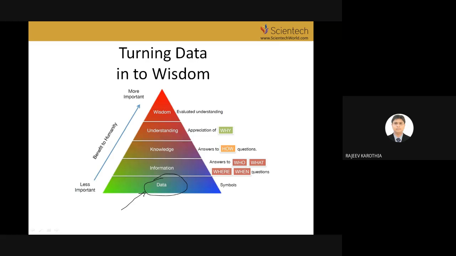But what will a farmer understand from 250 millivolts? He doesn't know about that, so we have to convert that 250 millivolts into temperature, for example 25 degree centigrade. Now that becomes the information. Then how do we convert this into knowledge: 25 degree centigrade, from where we have collected it, what is the thing we have deployed there. So that becomes the knowledge.